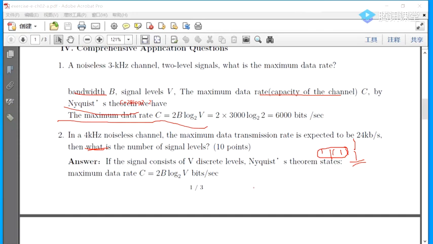So the maximum data rate is 6,000 bits per second. Then we look at question 2. The equation of the Nyquist theorem should be understood very well.